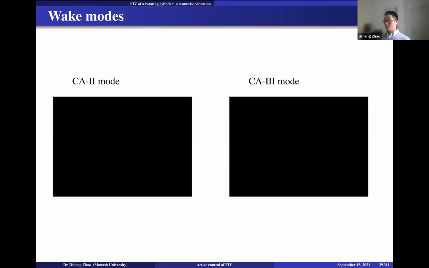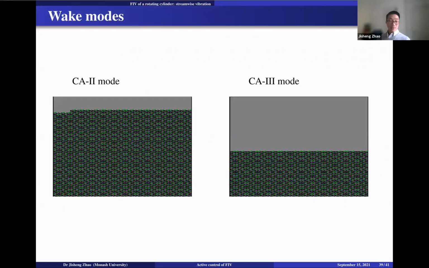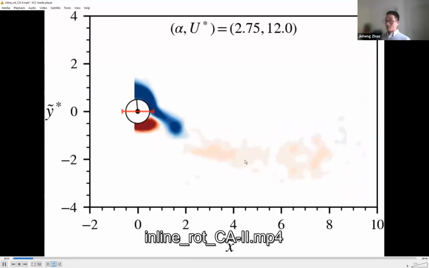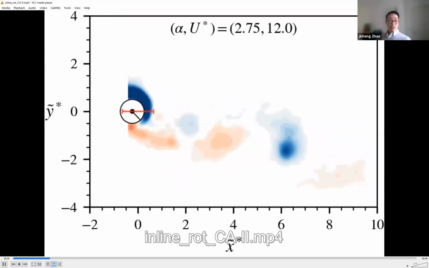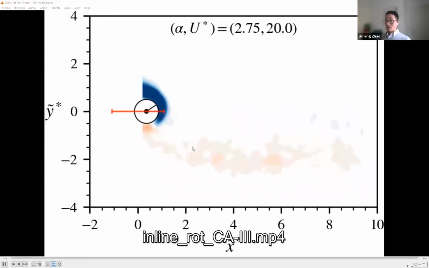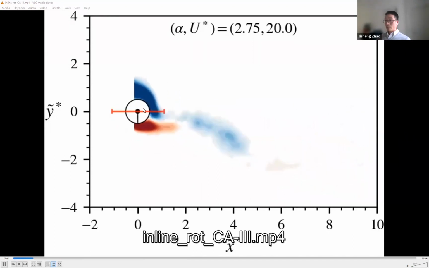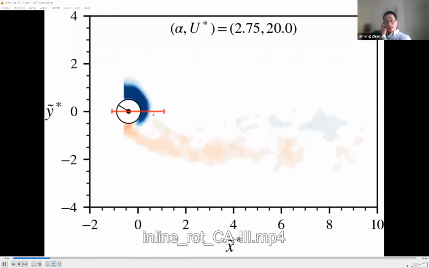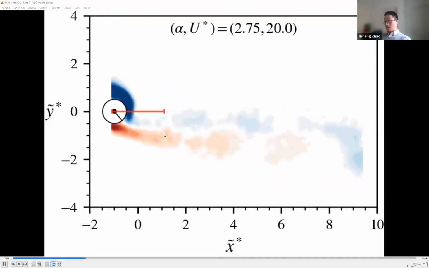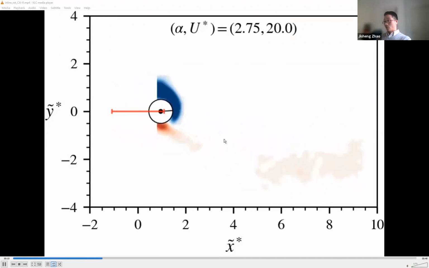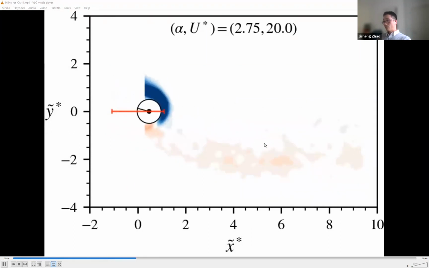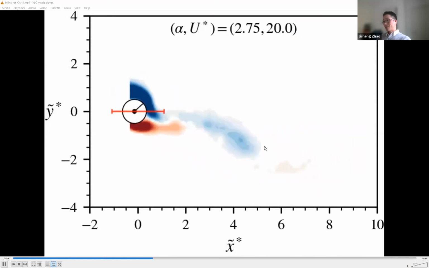But in this one, even though you can see very large amplitude vibration, you can see the elongated shear layer. It sheds some big vortex structures in the wake.